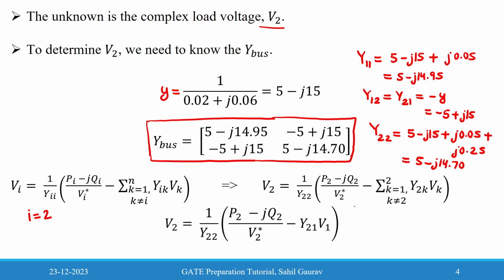Here you have to eliminate this summation expression, since it is a two bus system and k should not be equal to i. So only one expression will be left here, that is y21 V1. You will get this final expression where you have to put all the values.